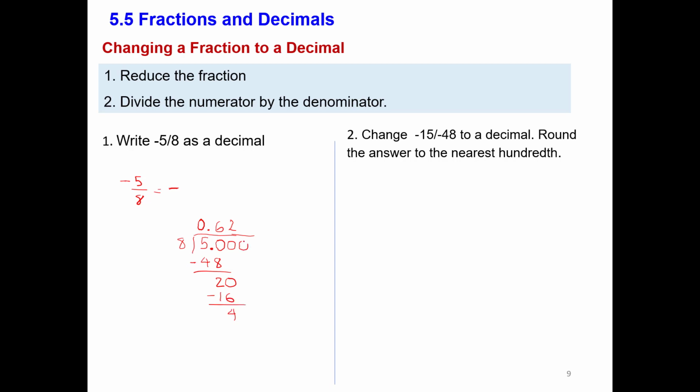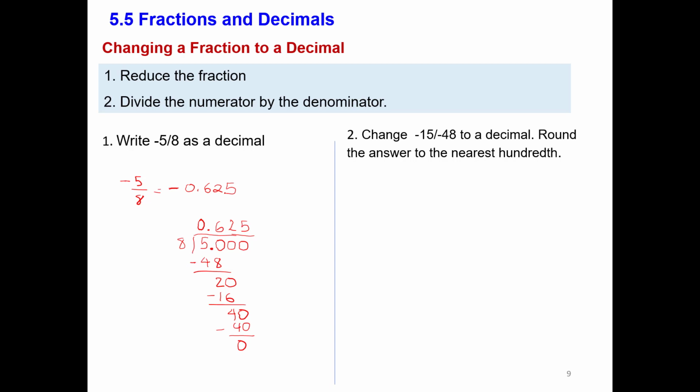We add a 0 here, bring the 0 down, and we divide again. How many 8s in 40? 5. 5 times 8 is 40. Then the answer is negative 0.625.